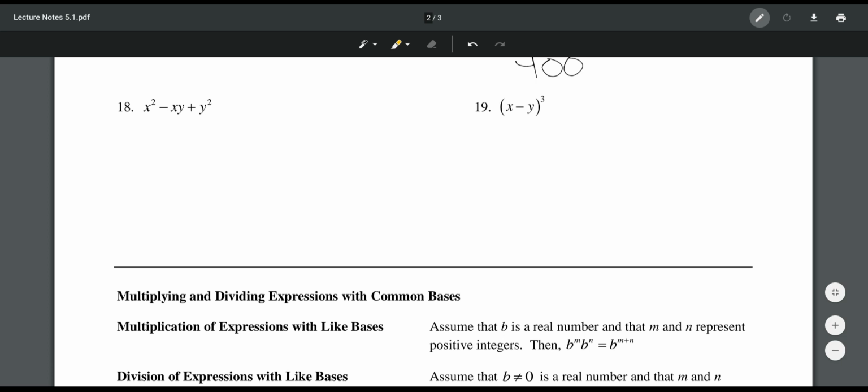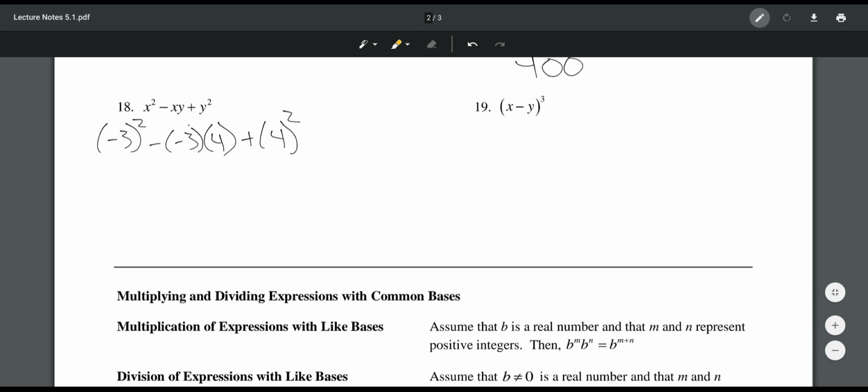So in example number 18, we are going to plug in -3 everywhere there's an x. We're going to substitute 4 in for every y, and then we're going to perform the order of operations. So I have -3 squared minus -3 times 4 plus 4 squared.